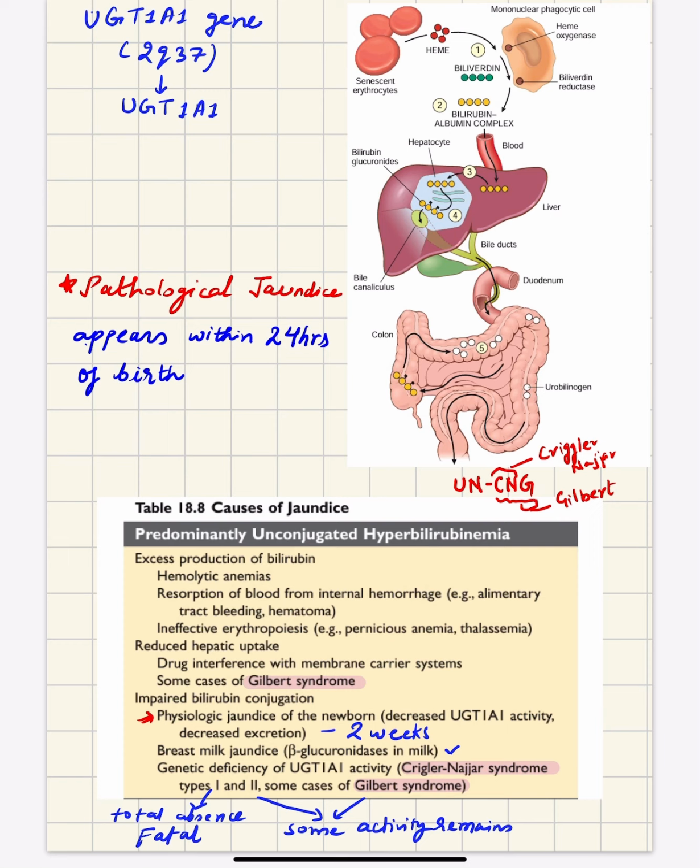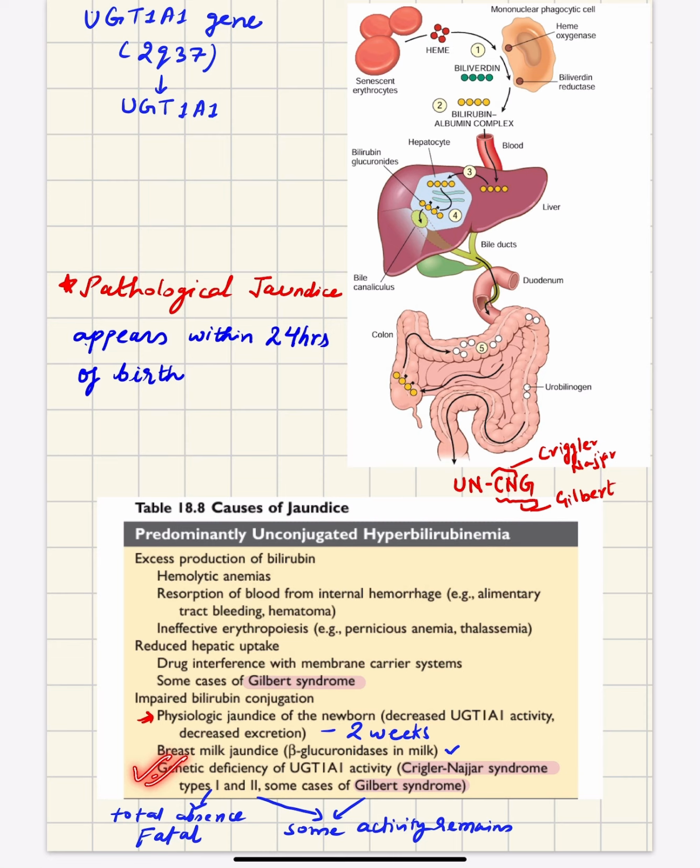So, you should remember these two points. First is the UGT1A1 activity, which is low at the time of birth. Secondly, the glucuronidases, which cause a further increase in the unconjugated bilirubin in a breastfed baby. In case of physiological jaundice, generally in the newborn, phototherapy is given.